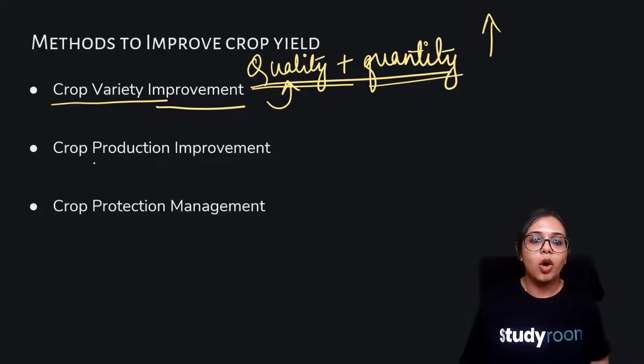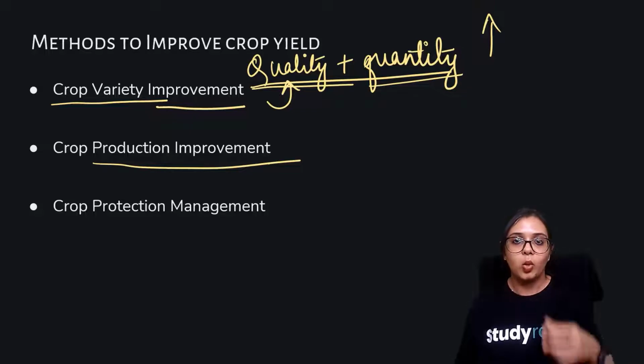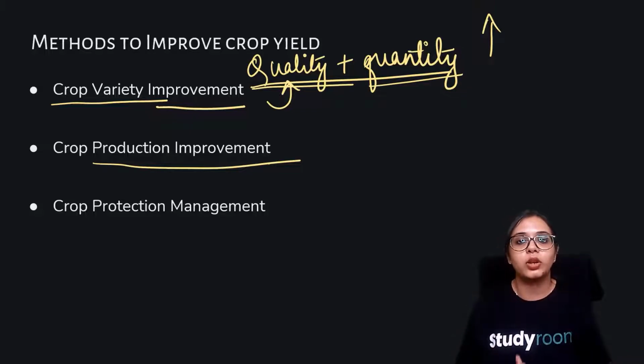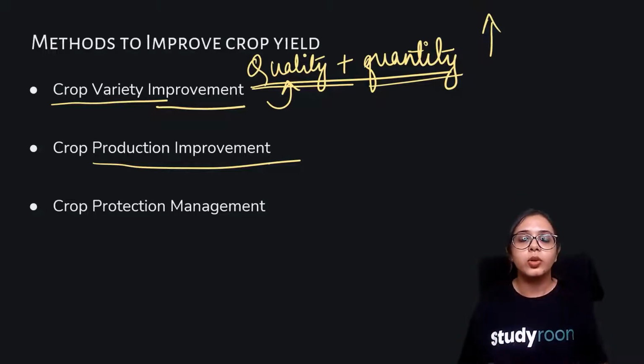Then, crop production improvement. When you have sowed the crop, you will nurture it, and you provide it adequate soil so that the plant gets adequate nutrients from the soil. You will provide enough water.